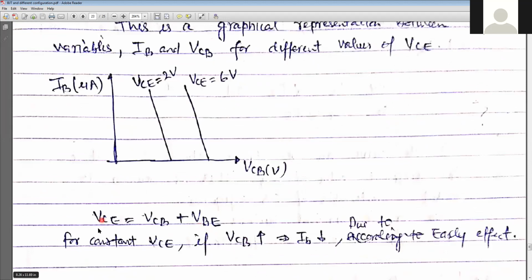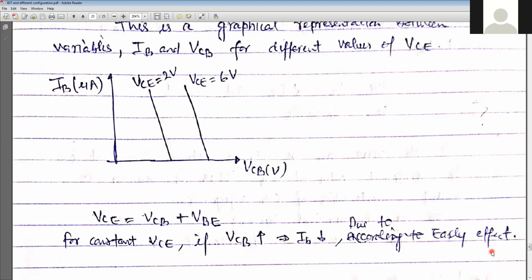Now, VCE should be constant, see this graph. You are drawing a graph between IB and VCB for different VCE, and VCE is constant for one curve. If VCE is constant and you are increasing VCB, your IB should be reducing. That is the early effect.